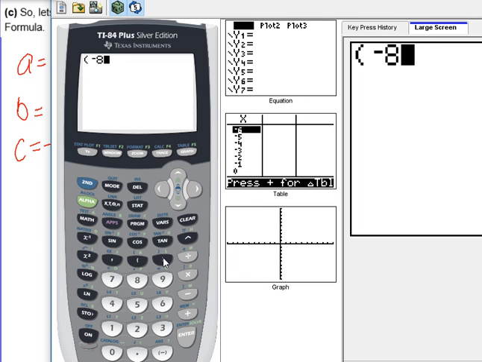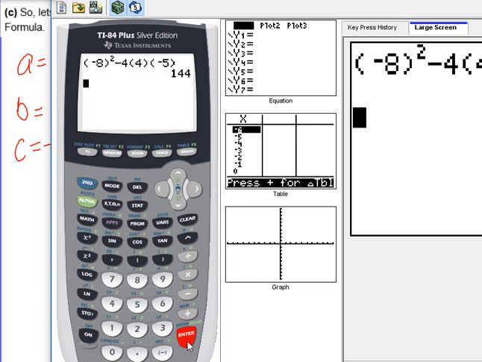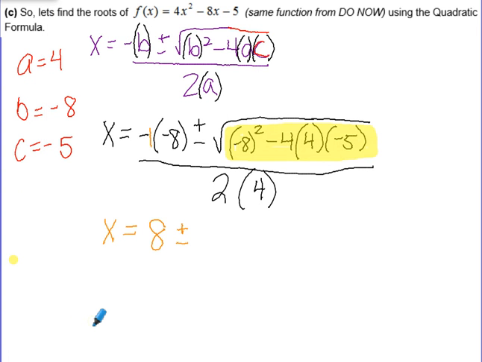So negative 8 in parentheses squared, minus 4 times 4 times negative 5. Hit enter, and we get 144. So now, under the square root sign, all of that simplifies to 144, all over 2 times 4 becomes 8.